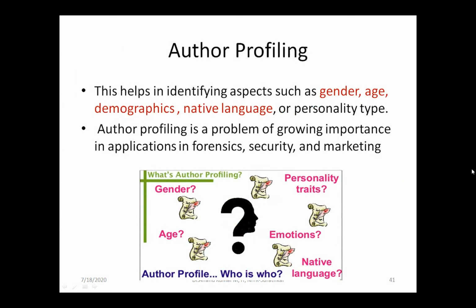This is the one I mentioned about author profiling. Author profiling helps to identify people's gender, age, demographics, native language and personality traits. As I said earlier, suppose a person is watching a football video or a political video; we can guess from that. If someone is watching a cooking video, can we say whether it's a female?